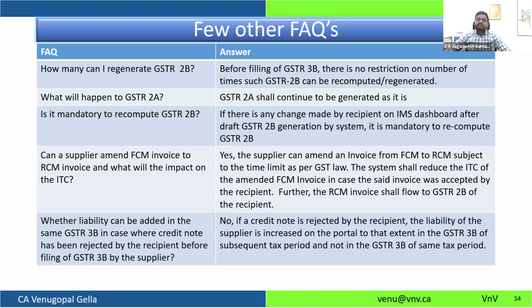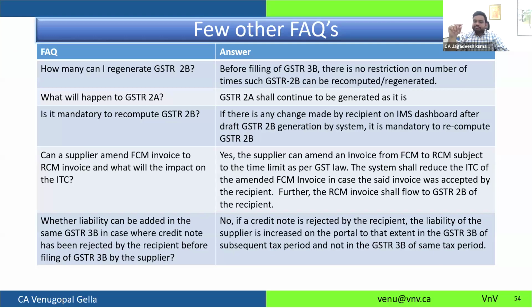And whether liability can be added in the same GST 3B in case where a credit note has been rejected. In the previous slide we discussed that if I reject the credit note issued by my supplier, the liability will get added to my supplier's 3B in the subsequent period. Will the liability get added in the same period? The answer is no, because for you the 3B due date is 20th and for him also 20th.